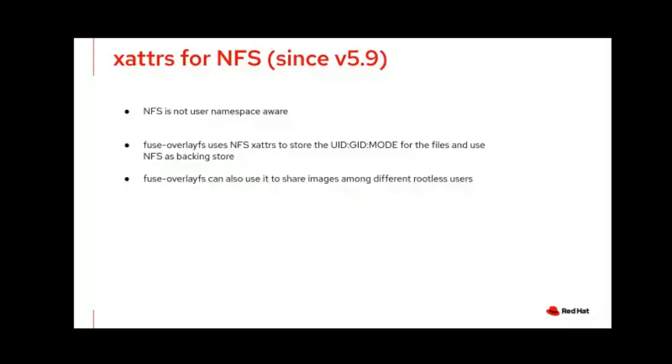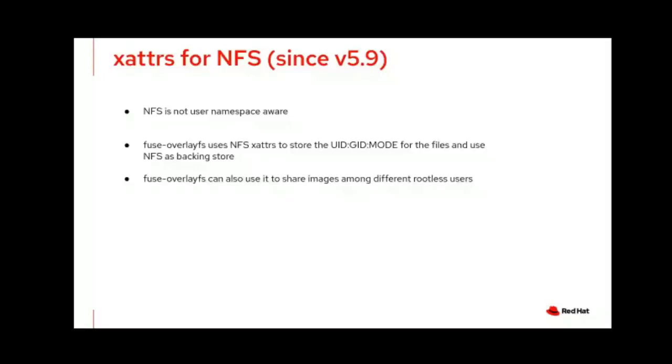Yeah, I can take this one. This is not a big feature per se. It's just enabling extended chown for NFS, but it's in the way we are planning to use it that I think is interesting. Like Dan was saying, Fuse Overlay FS will be used for some experimental features, and this is one of those. NFS is not user namespace aware.